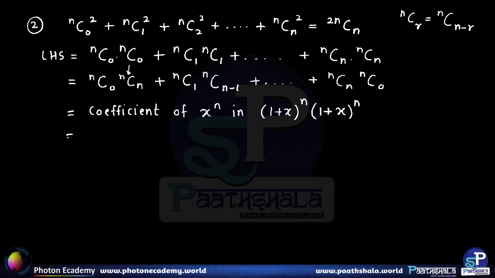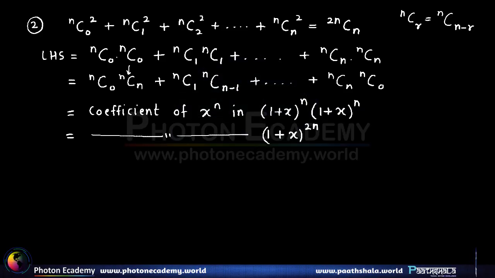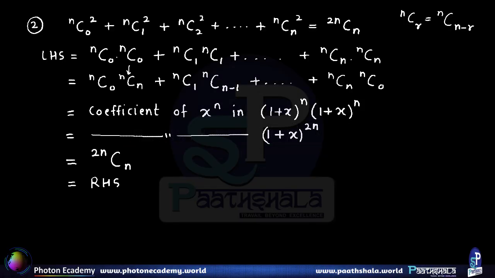So this is nothing but the coefficient of x raised to n in ((1 plus x) the whole square) raised to n, so that gives us (1 plus x) raised to 2n, and the coefficient of x raised to n in (1 plus x) raised to 2n is simply 2nCn, which is nothing but the RHS. So this again proves the required result.